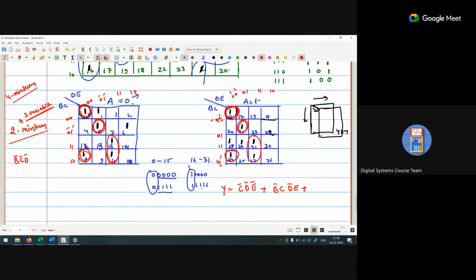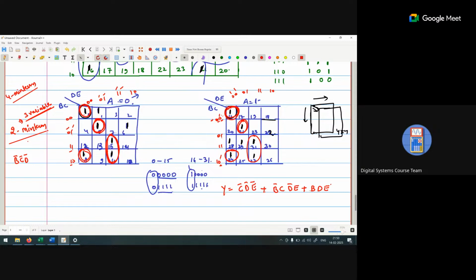So again, group of 4, these two terms will overlap with these two terms. So now for this one, the value of B is constant, the value of D is constant, and E is constant. Okay. Any doubt till now?